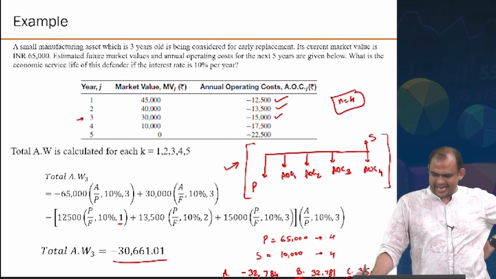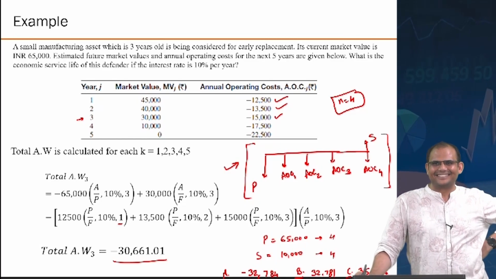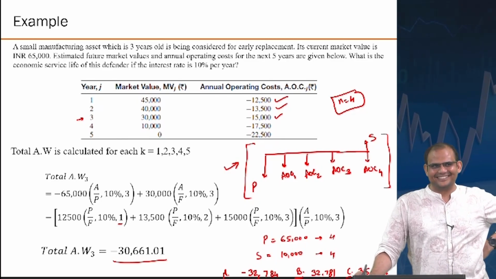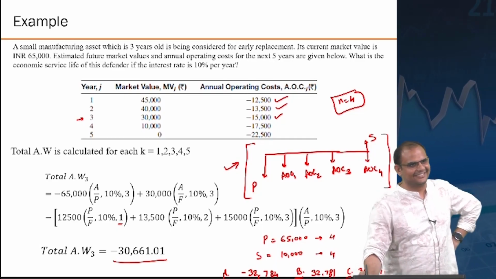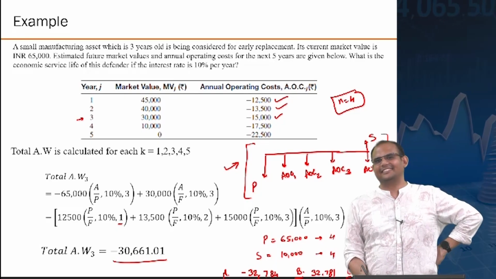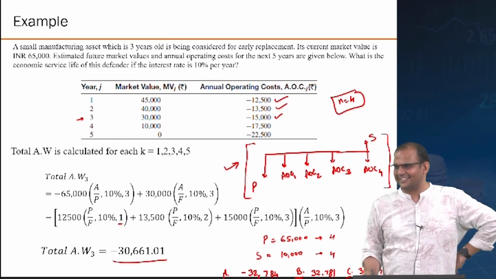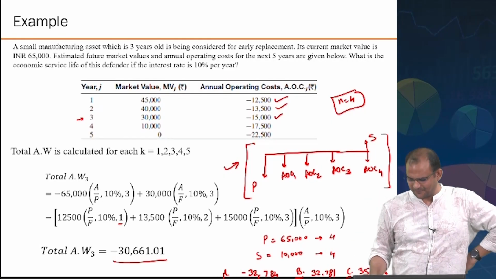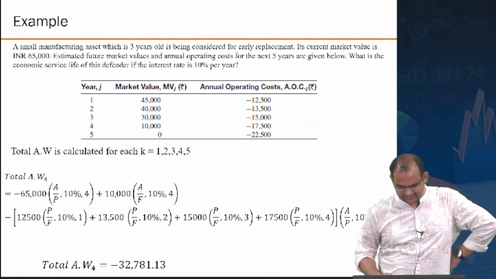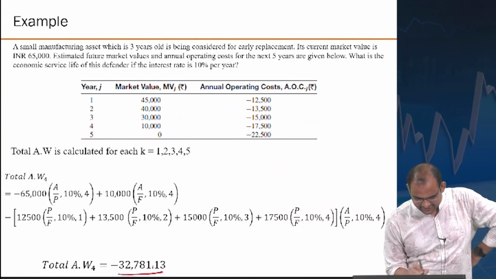Okay. And option E. Nobody with option E? Okay. So your answer is 32,781.13.